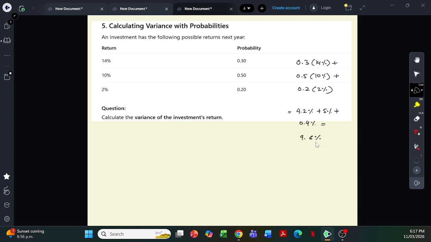Now what we're going to do is, the formula is going to be the summation of p into x minus, or the return, okay, which is the r minus the expected return squared. So to do this, we need to know the probabilities, which we already know.